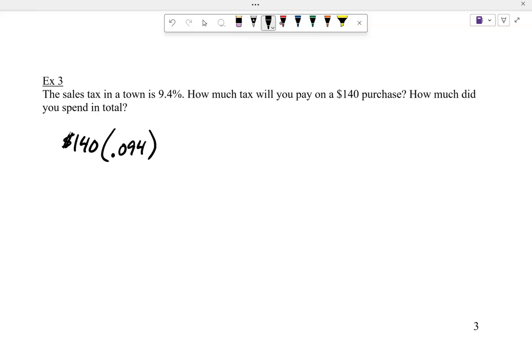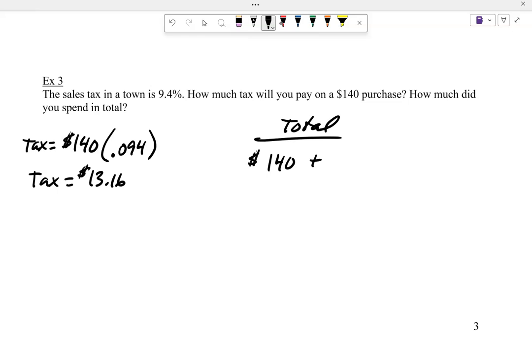So convert that to a decimal. 0.094 times your 140. That's what your tax is, just the tax part. So the tax ends up being 13.16, right? That's your tax. So what's your total? Well, you still have to spend 140, and you have to pay your taxes. Curse those dang taxes.